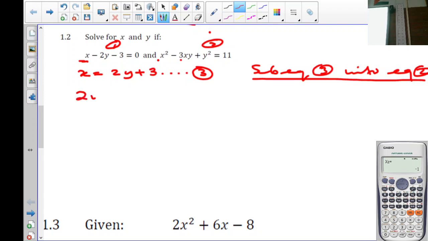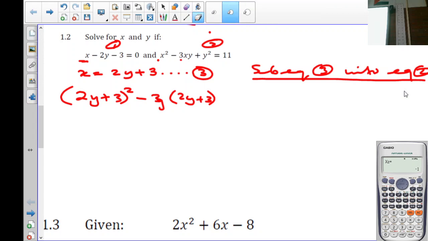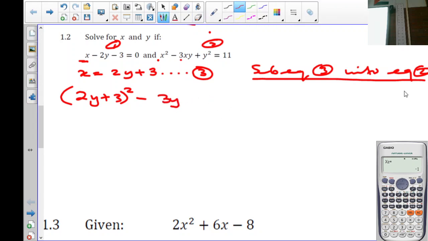So I'm going to get 2y plus 3 all squared, minus 3 into 2y plus 3. Normally the y we put at the back here, but many learners mess it up and multiply the negative 3 in only. So I put that y in front. So I'm going to have negative 3y into 2y plus 3, plus y squared is equal to 11.